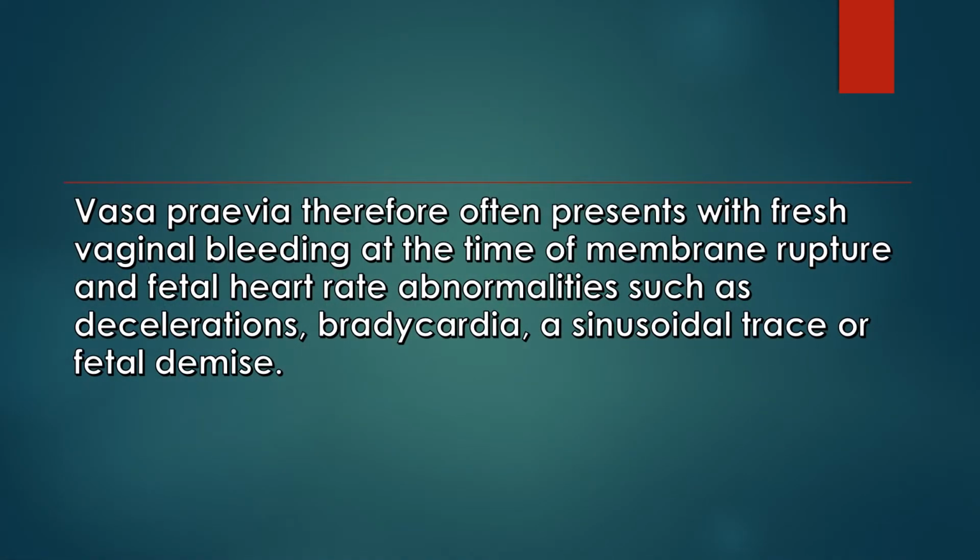Vasa Previa therefore often presents with fresh vaginal bleeding at the time of membrane rupture and fetal heart rate abnormalities such as decelerations, bradycardia, a sinusoidal trace, or fetal demise.